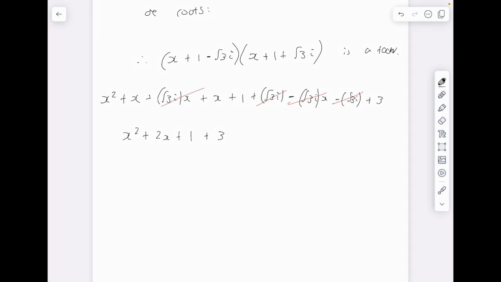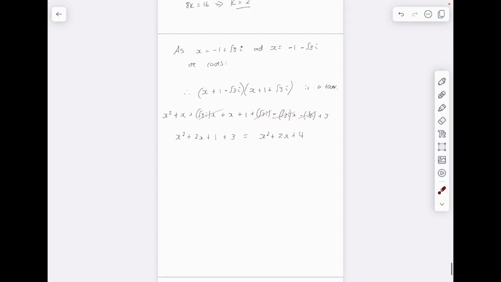Yep, so we got plus 3. And this is very much going to just equal x squared plus 2x plus 4. Okay, so we've got our quadratic factor here.